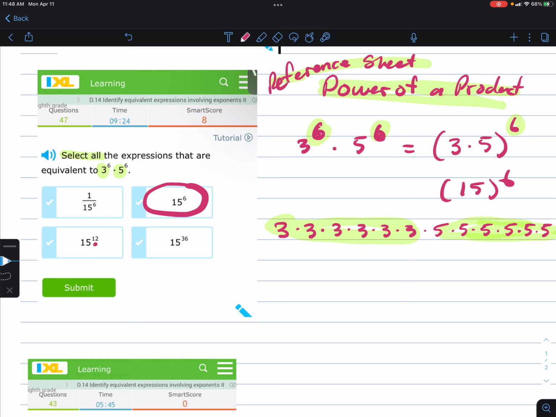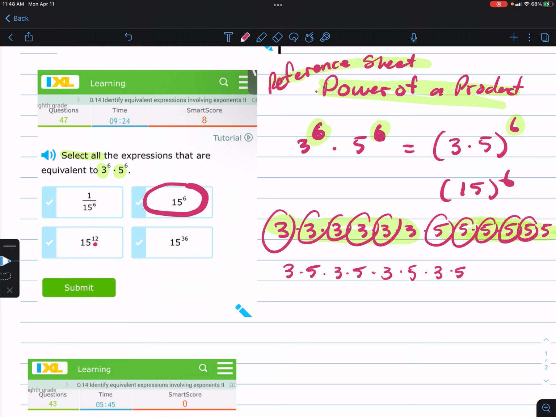In fact, if we could regroup this and do them in pairs, I could think of this as 3 times 5, and then 3 times 5, and then 3 times 5, and just repeat this, doing them in pairs.